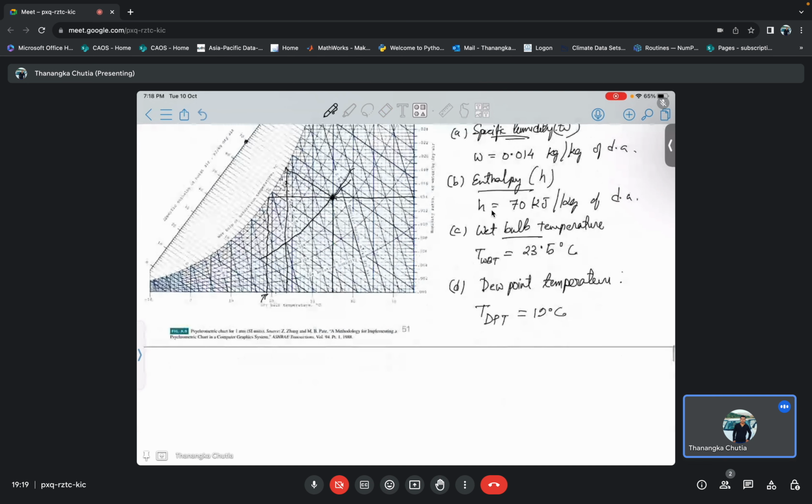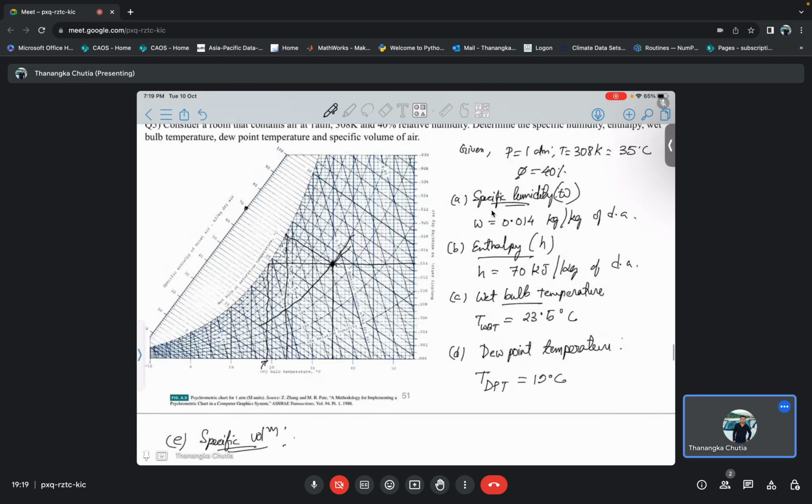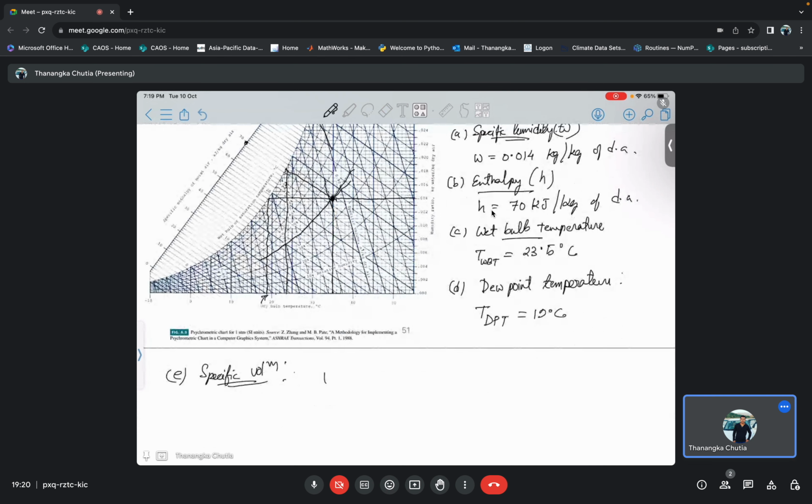Now you need to know the specific volume. The specific volume lines are these lines. This line is 0.89, something like that. So the specific volume will be close to 0.89 meter cube per kg.